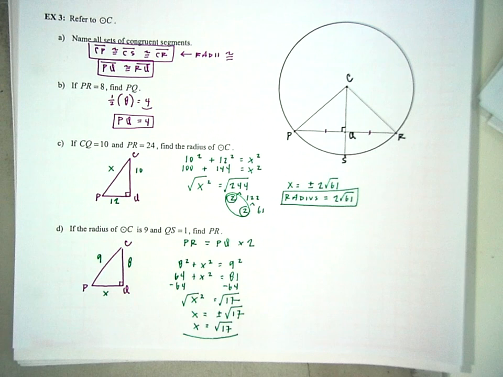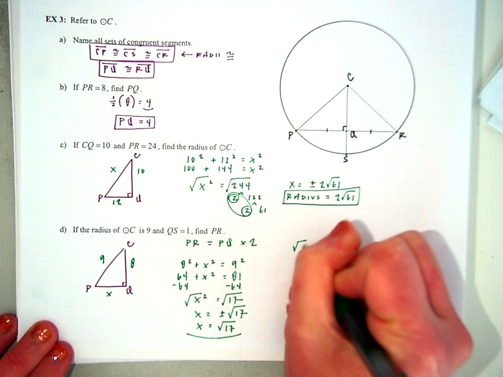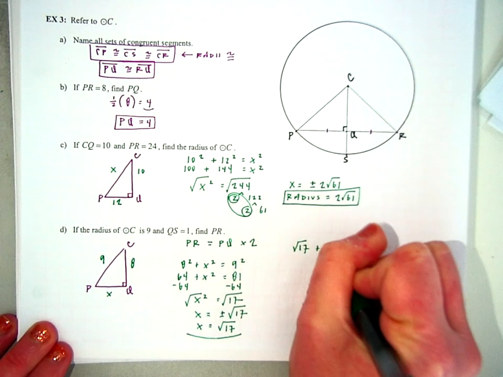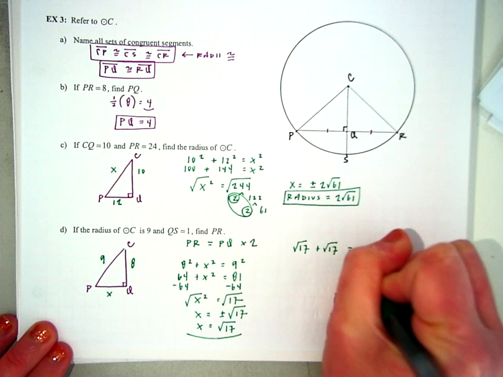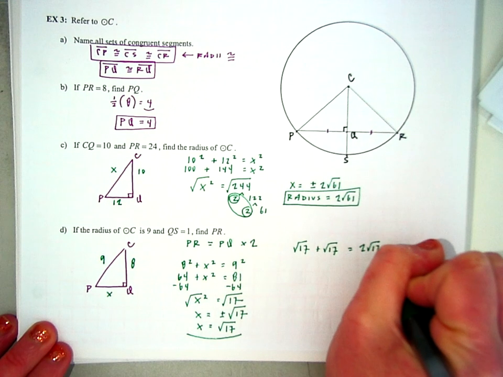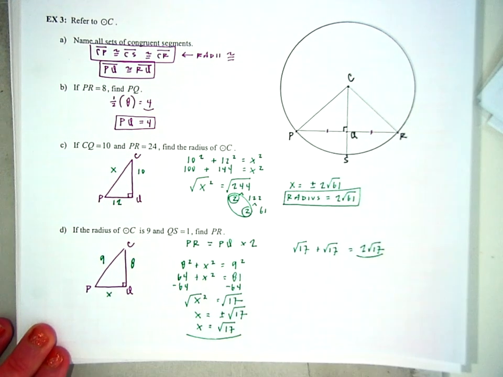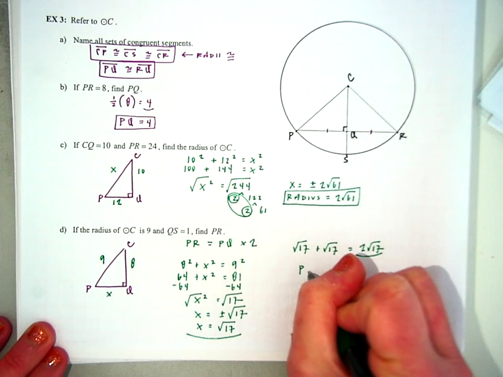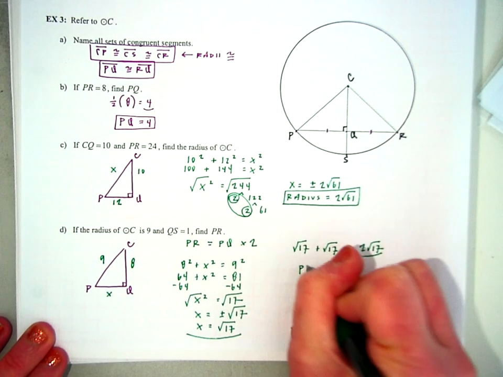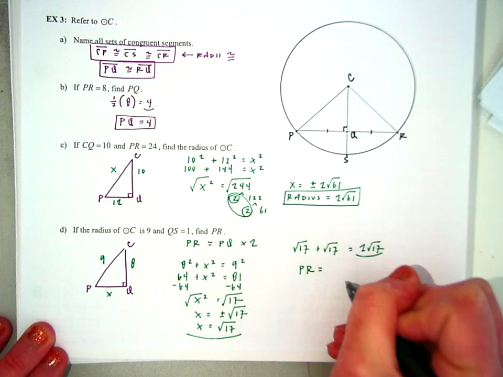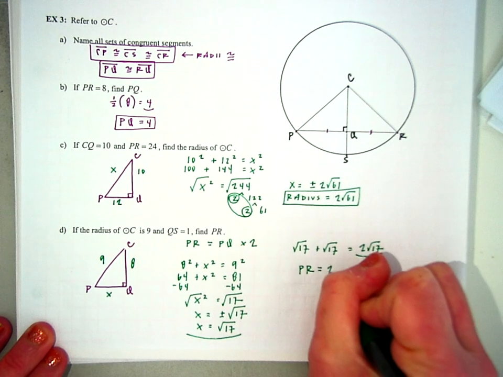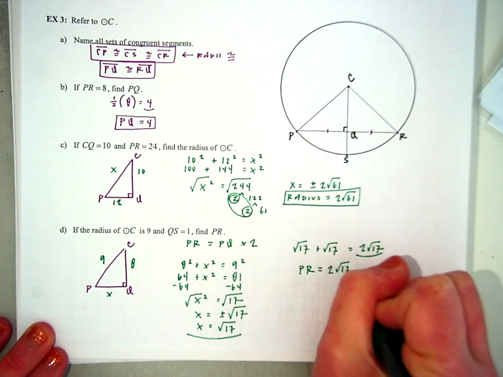But again, I need to double it. I could either take the square root of 17 and add it to itself, which would get me 2 root 17, or I get the same thing if I just multiply the square root of 17 by 2. So PR, what I'm asking for, is going to be equal to 2 times the square root of 17.